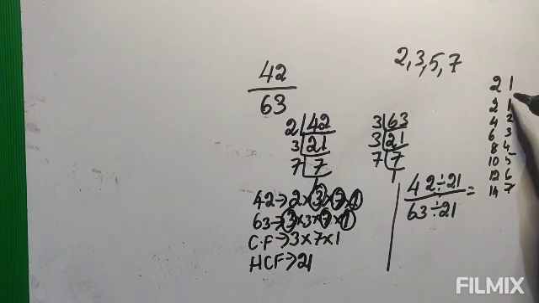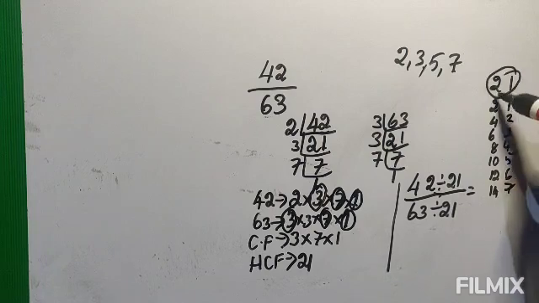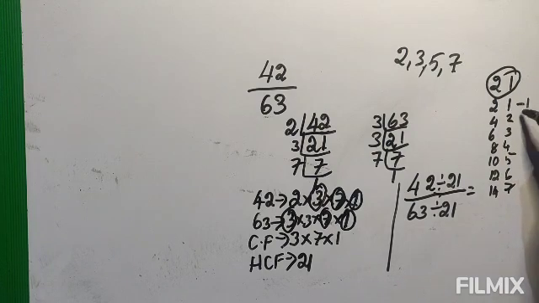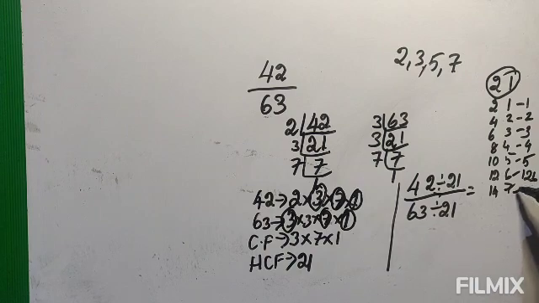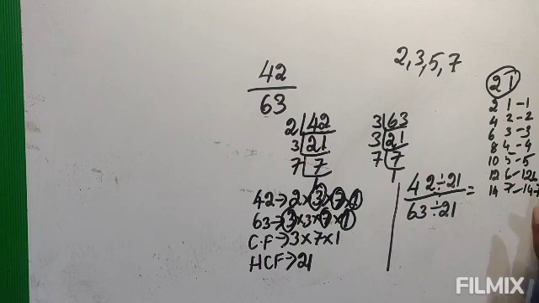Okay, so now the 21 table: 21 ones are 21, 21 twos are 42. Since it is single digit, you can write as it is, 42. 21 threes are 63, 21 fours are 84, 21 fives are 105, 21 sixes are 126, 21 sevens are 147. This way it will go.